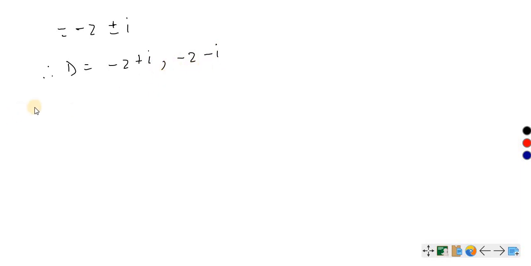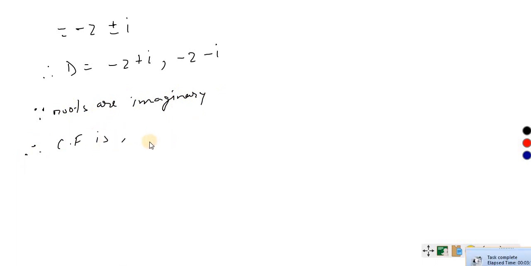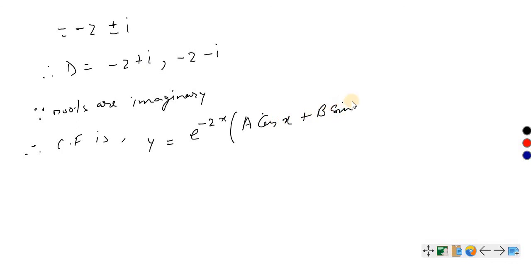Since the roots are imaginary, the complementary function is y equals e to the power alpha x, and if you see, alpha is minus 2, so e to the power minus 2x, bracket close, a cos beta x, and beta is 1, so I will simply write x, plus b sin x.